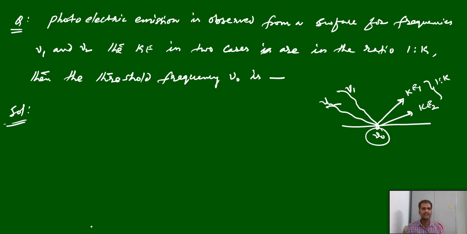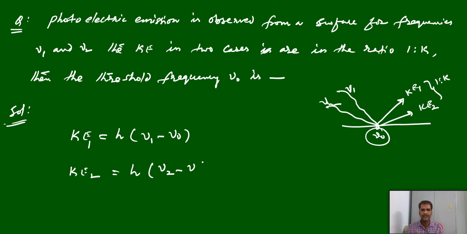So how to find out this nu0? Now we have the formula. Kinetic energy Ke is equal to h times frequency minus nu0. Let us take kinetic energy 1 equal to h(nu1 minus nu0). Similarly, kinetic energy 2 is equal to h(nu2 minus nu0).